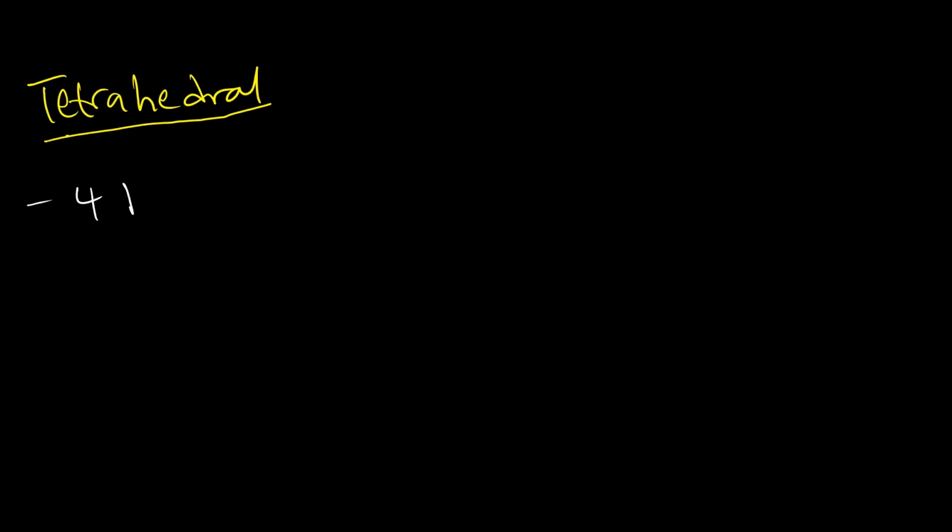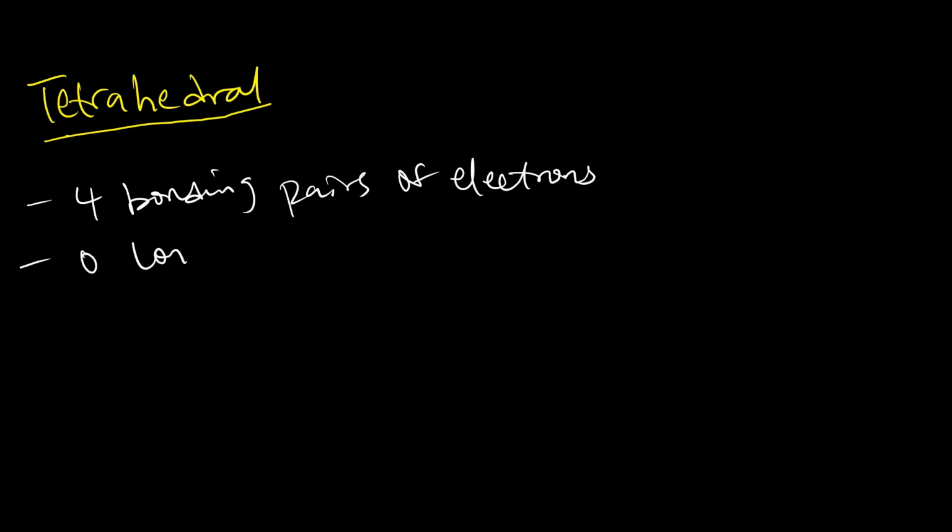So another shape we are going to look at is tetrahedral. From the prefix tetra, it shows that it has 4 bonding pairs of electrons, and it has 0 lone pairs of electrons.